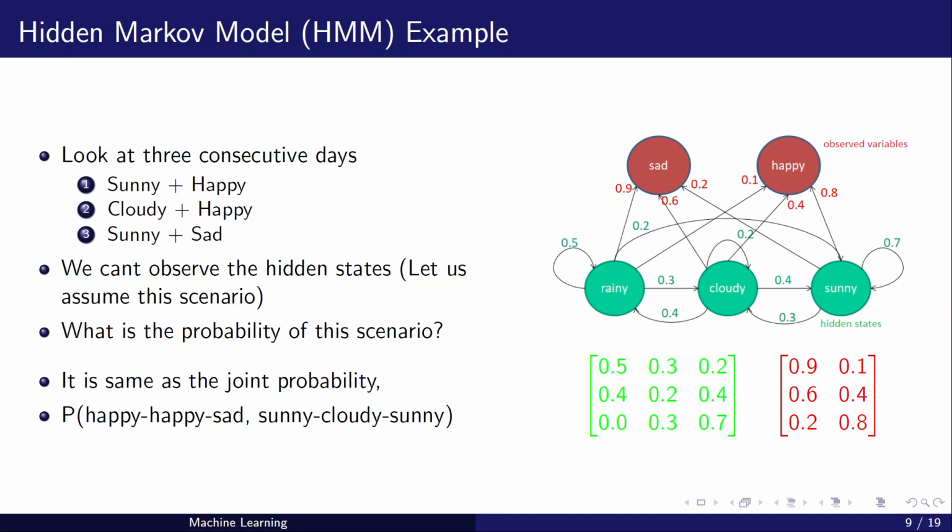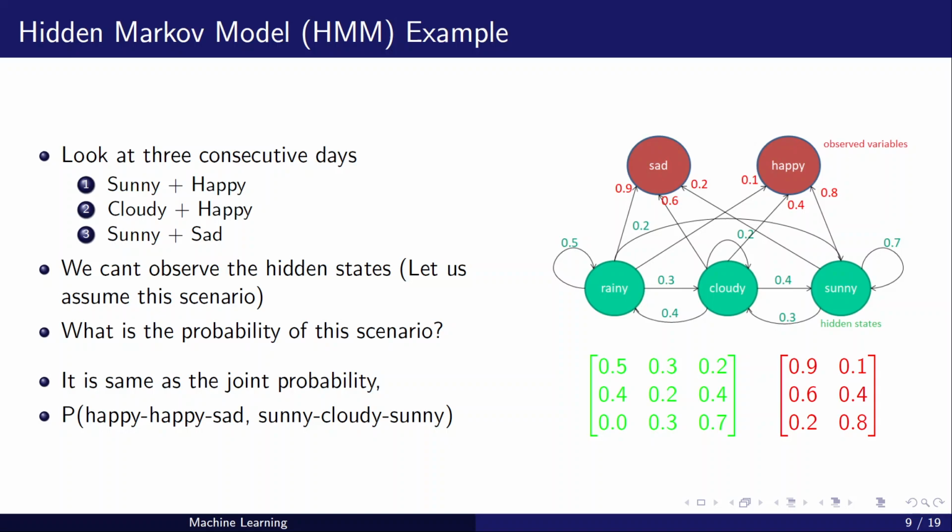Actually we can't observe the hidden states, but let's assume this scenario. On a sunny day you are happy, on a cloudy day you are also happy, on a sunny day you are sad. What is the probability that this particular sequence will occur? That is the question now.